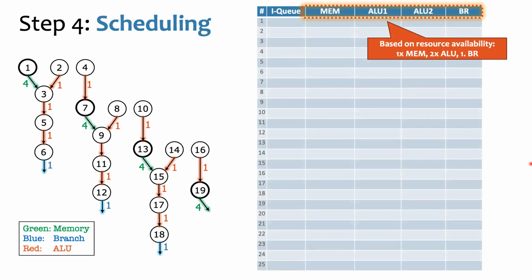All right. And based on this skeleton, then you can draw those bubbles and arrows, right? Essentially, draw the scheduled data flow graph, or you can just illustrate them by numbers and ignore the arrows. That's what I'm doing right here, because there are a lot of arrows. If I were to also include the arrows and nodes, it's going to be a very messy graph, and it's very hard to follow. All right. So coming back to this table, first, we're going to create the columns based on the resource availability.